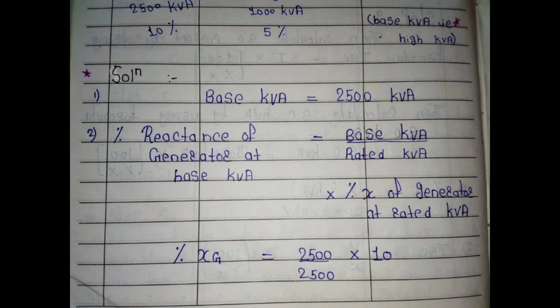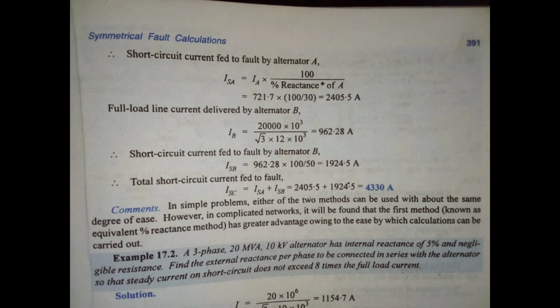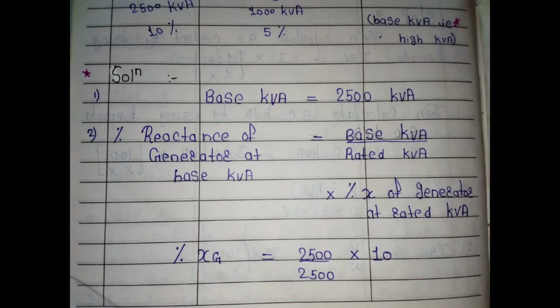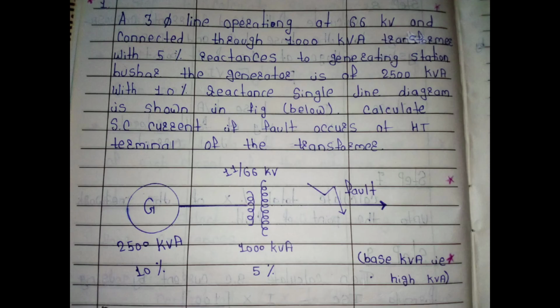The base kVA is 2500, the rated kVA of the generator is also 2500, and the percentage reactance of generator at rated kVA is 10.